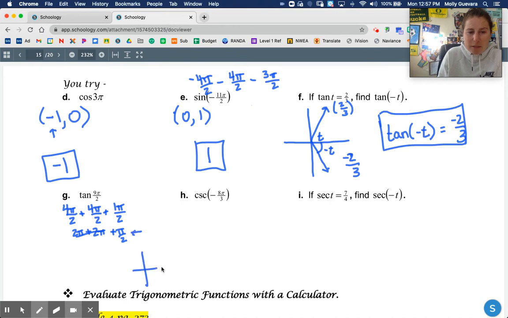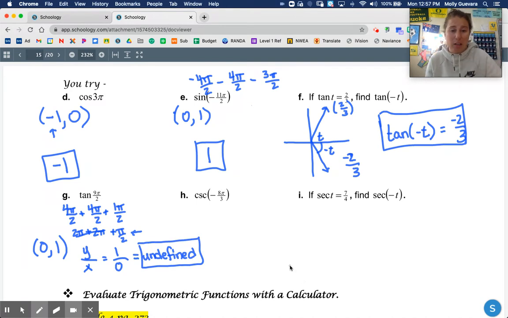And that tells me that pi over 2 is right here. So the coordinate for that is 0, 1. Now that I know the coordinate, I can find tangent. Remember, tangent is y over x. So in this case, my y is 1. My x is 0. I can never divide by 0. So my answer here is undefined. So tangent of 9 pi over 2 is undefined.